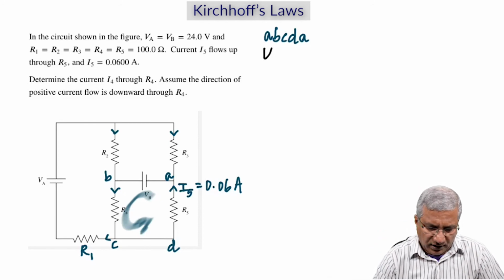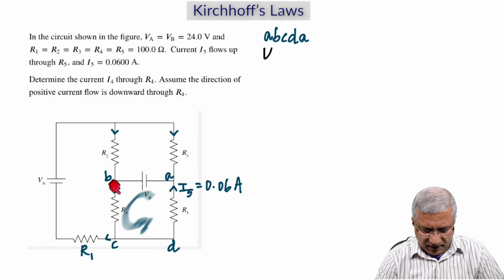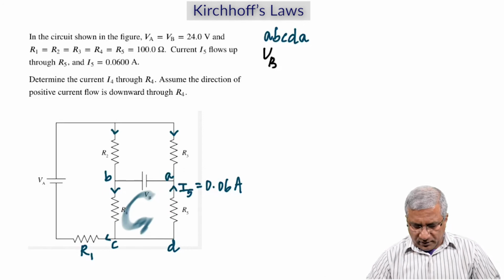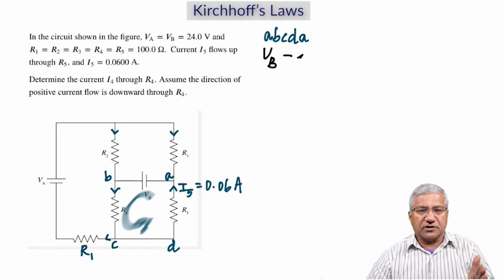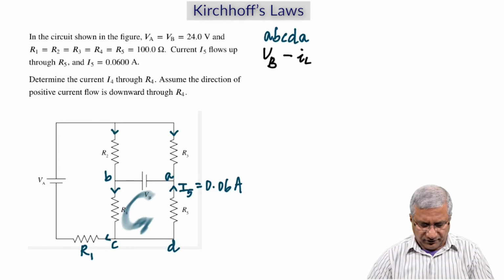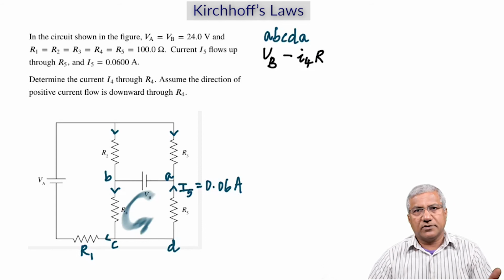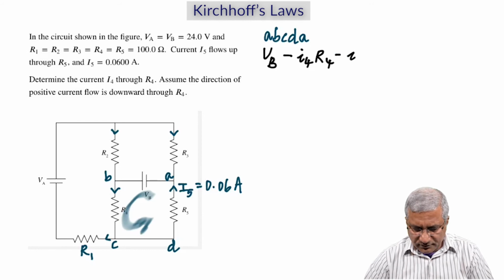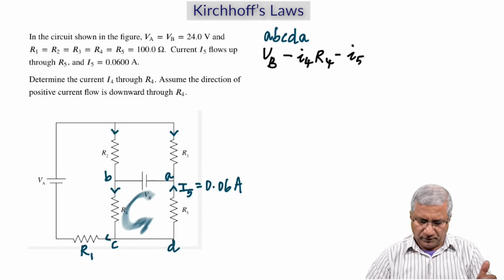So starting from A, plus the voltage of the battery, minus I4 R4, minus I5 R5 is equal to 0. That's all. So VB, that's positive, minus I4 R4, minus I5 R5 is equal to 0.